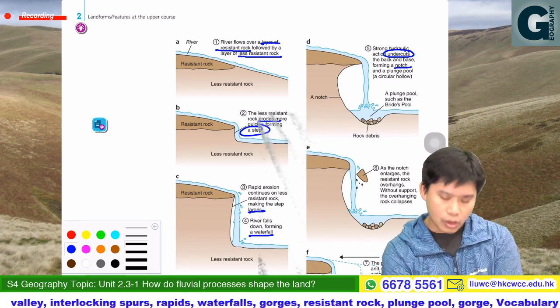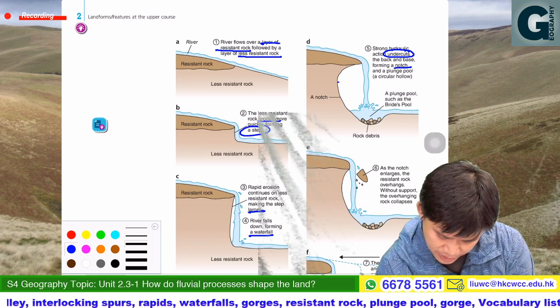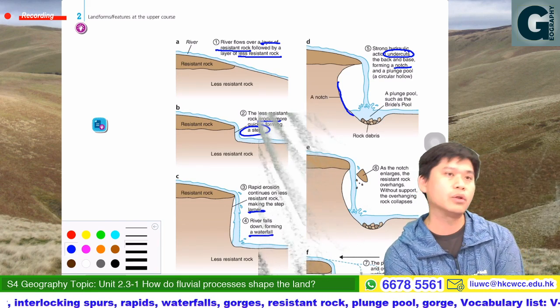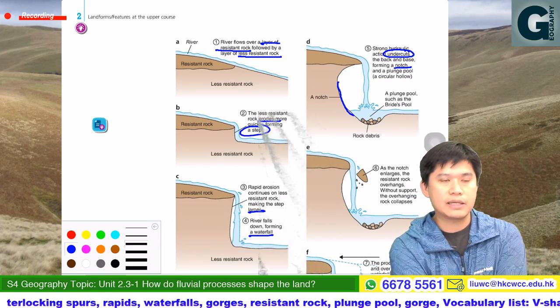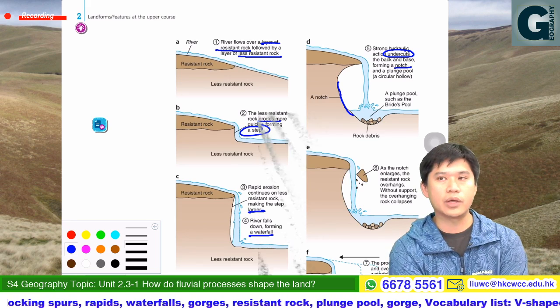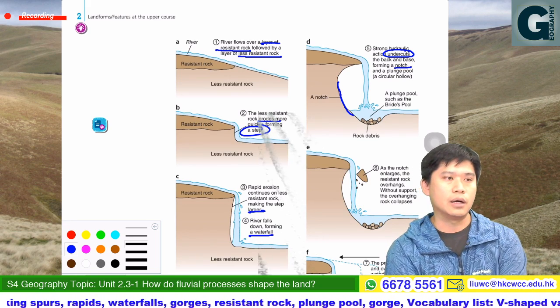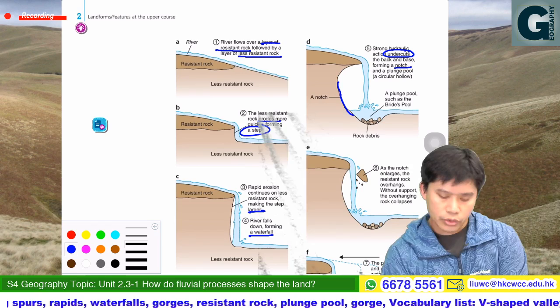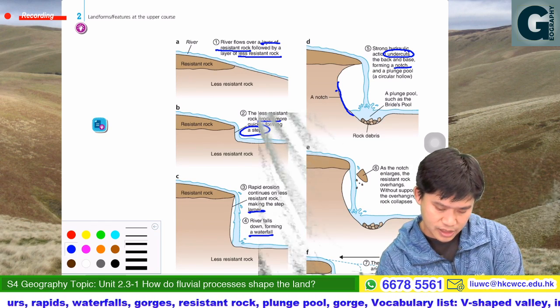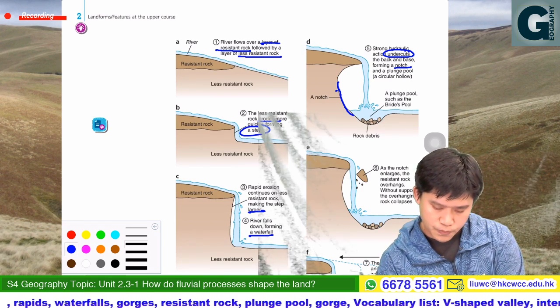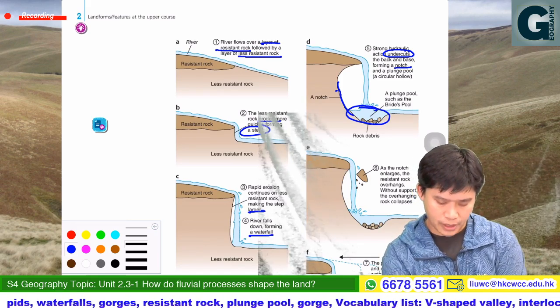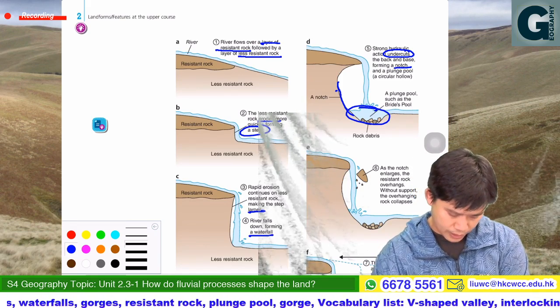So what is a notch? The back here is what we call a notch. Later, when we study coastal erosion, we will also talk about what a notch is. A notch is normally at the back here, and forms a plunge pool there.